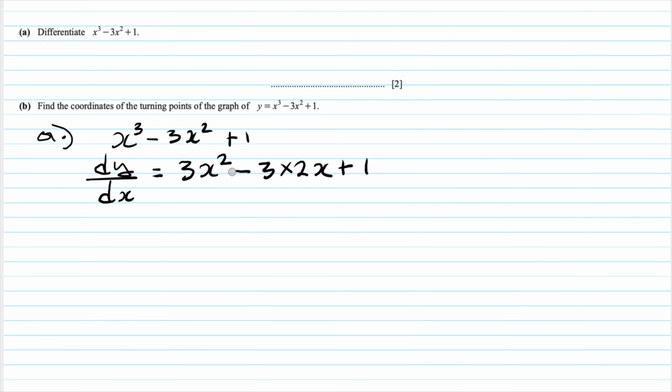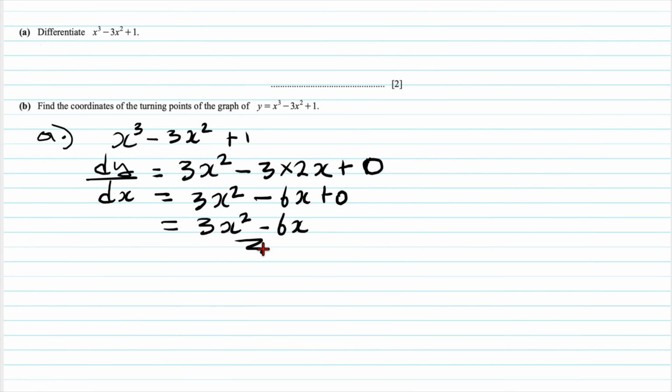So at the end of the day, we have 3x squared minus 6x plus 0, actually, because this is actually 0. Sorry about that. When you differentiate a constant, it becomes 0. So the final answer is 3x squared minus 6x.